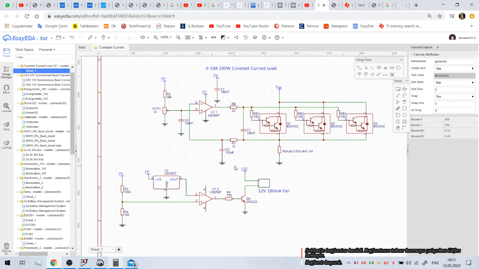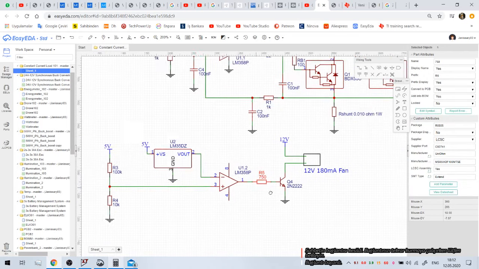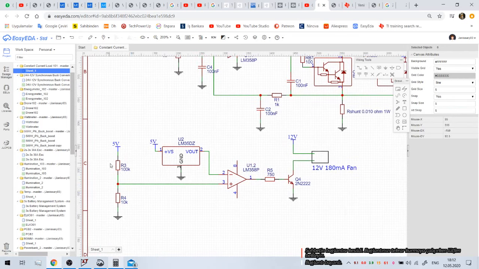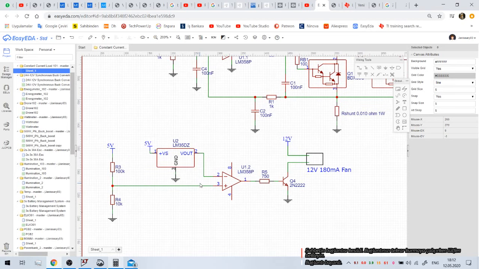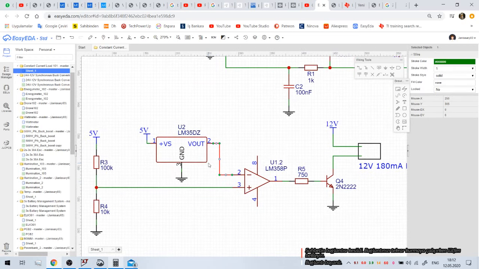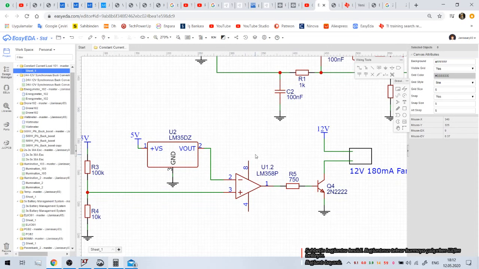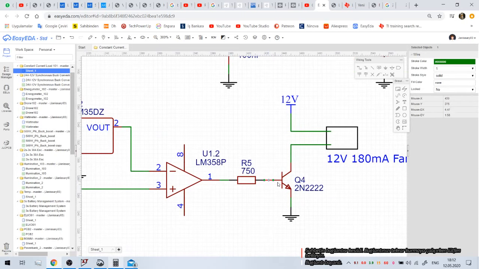Okay. After this, we have calculated this resistance, and if there is 450 millivolts here, and if this base current increases, the fan will open.